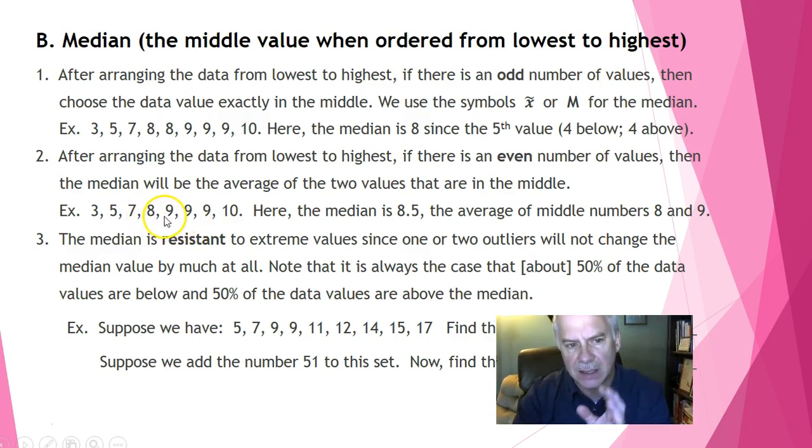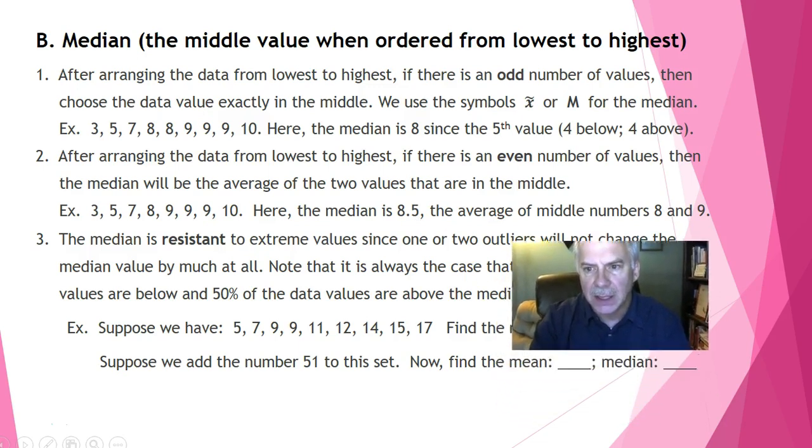So let's say the data is this second set. Then you don't have a middle value. You've got the 4 here and the 4 here. In that case, you're going to average the 2 that are in the middle. So 8 and 9 are in the middle here. I average 8 and 9, and I get 8.5. That's how to handle finding the median.